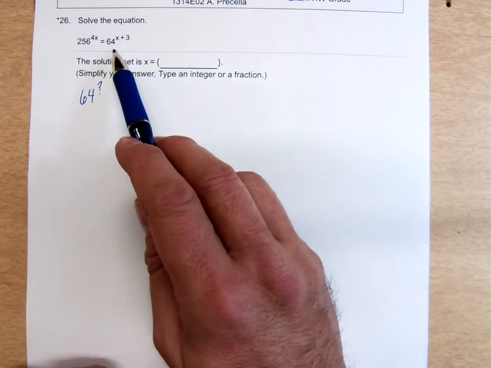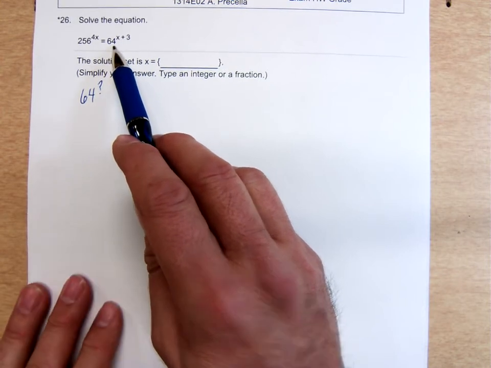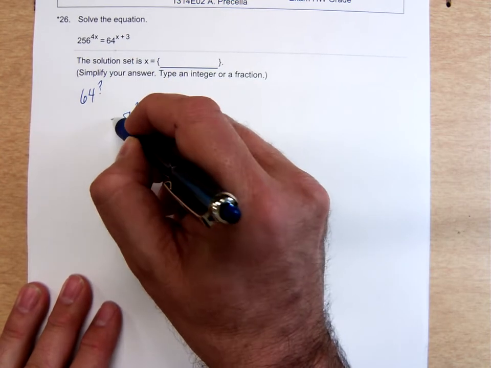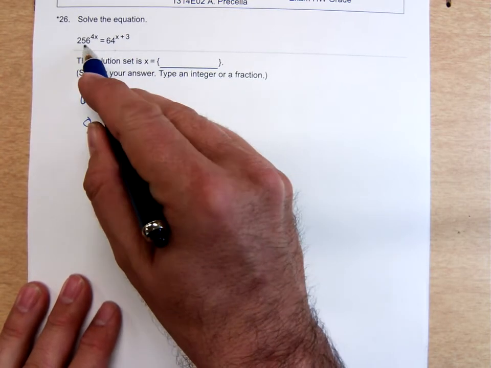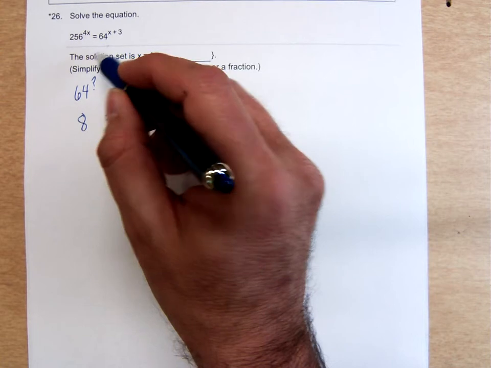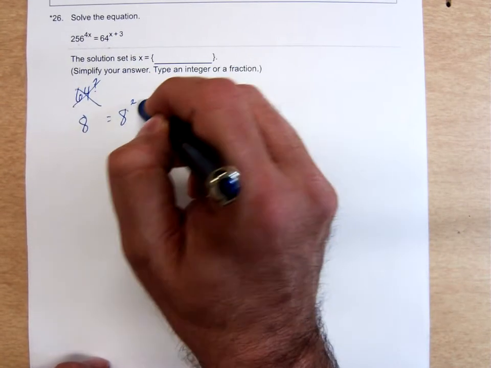My first thought is 8. 8 squared is 64, right? Can I write 256 as 8 to a power? If I multiply 8's together, 8 times 8 is 64, times another 8 is not 256, it's 512. So I can't write it with a 64 on each side, and I can't write it with an 8 on each side.